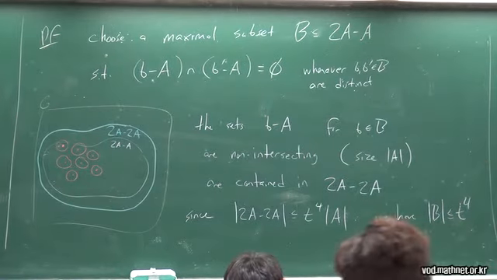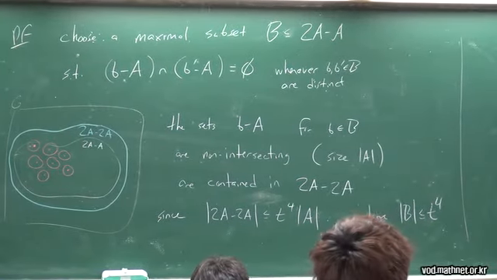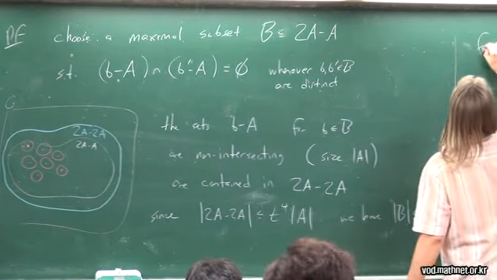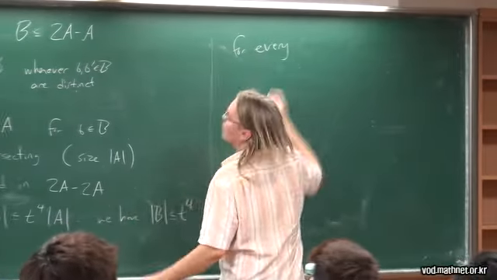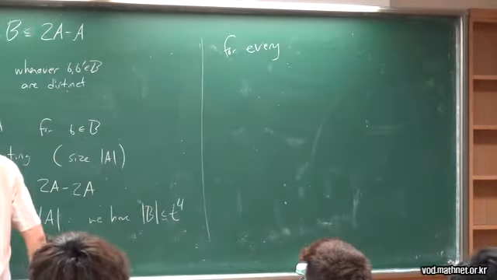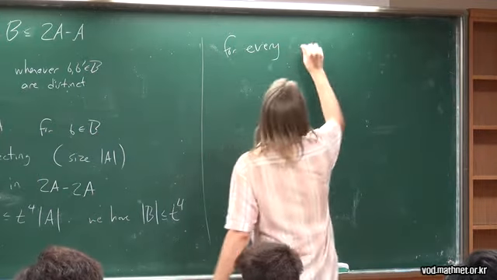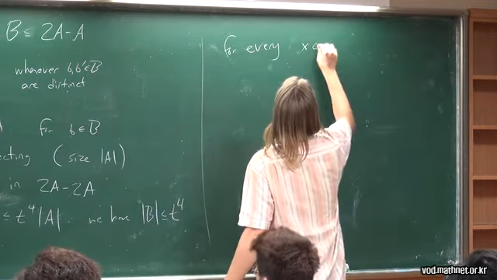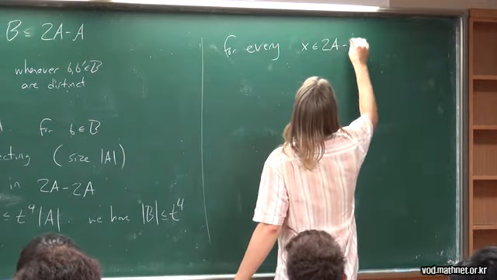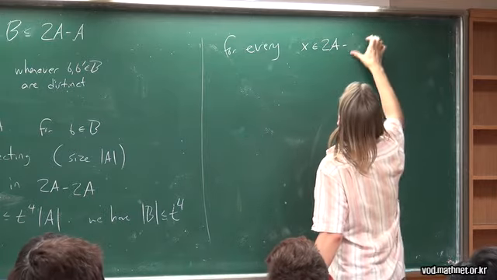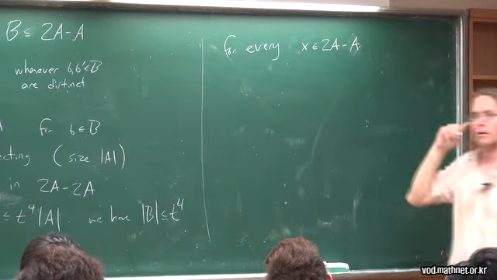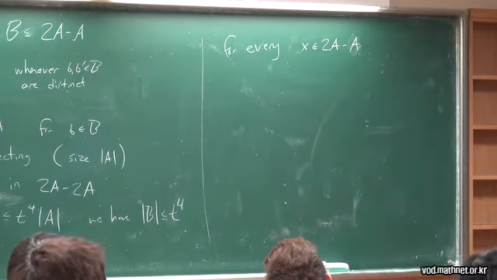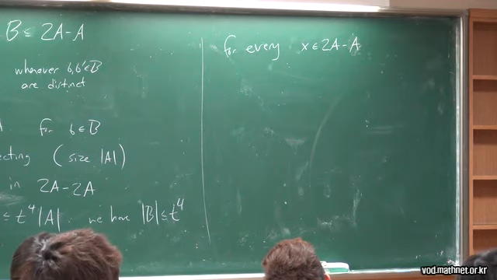So what does it mean that those guys are maximal? For every possible element you could pick in this set, say x, for every x in 2A minus A, you could try and insert the ball around that point x.